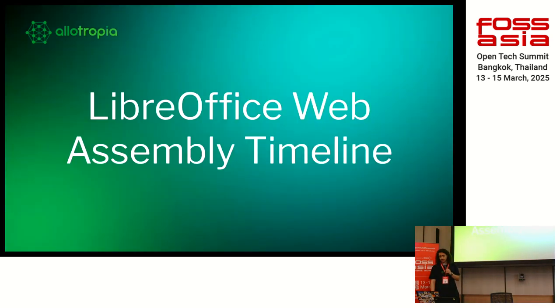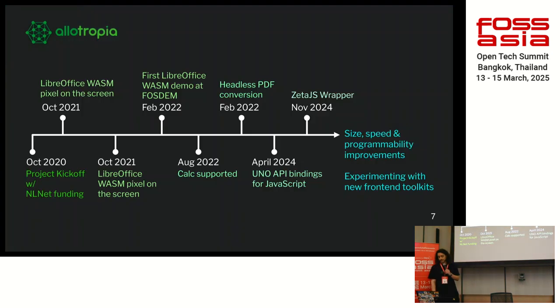Let's talk a bit about the timeline. Around 2020, everything started with NLnet funding, some seed to get things going. So thanks to NLnet for that. Then Allotropia was also investing time into this.